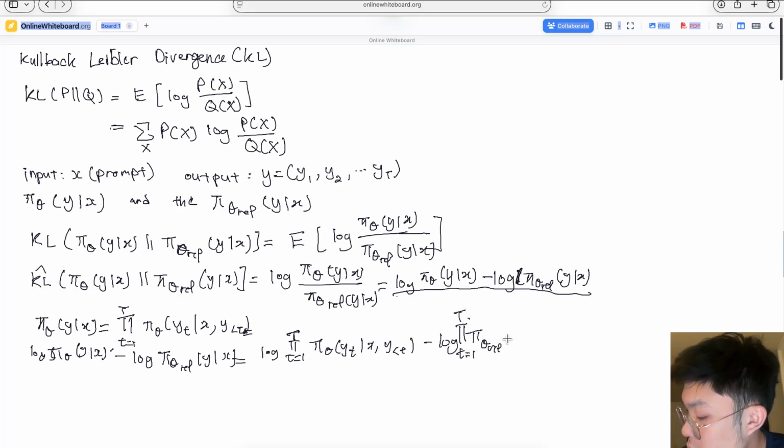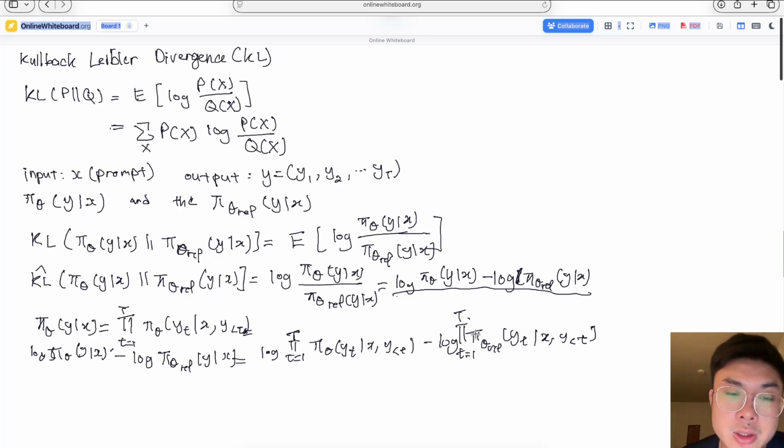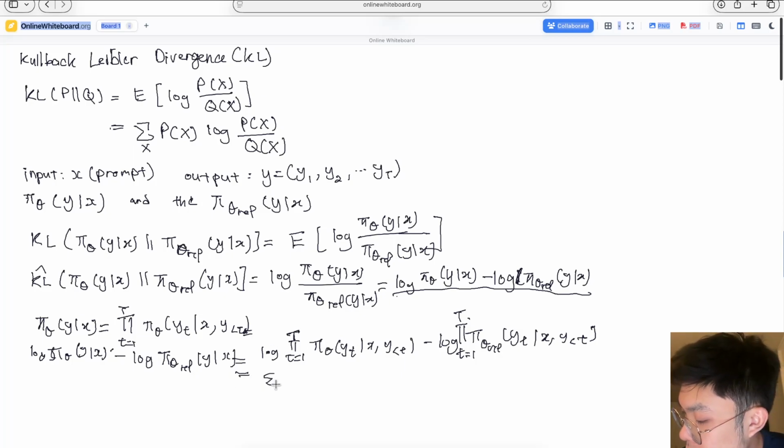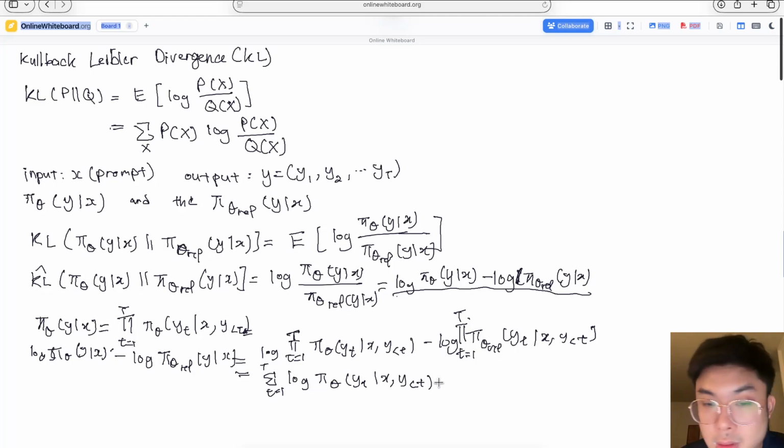Again we can use the log product identity, so this becomes the sum over every token of log pi theta of the token, minus log pi reference of the token, and we can group them so both become a sum.